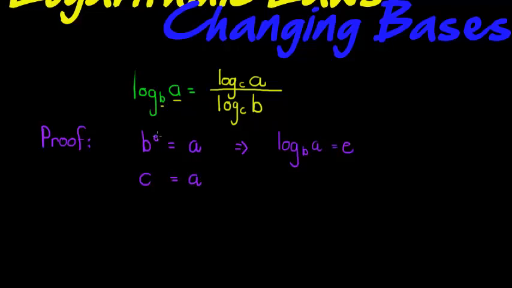Well, of course not. If I want the same answer with a different base, I'm going to have to take a different exponent. Let's call that exponent for now n. Now this one would be log base c of a, which needs exponent n: c to the power of n is equal to a.